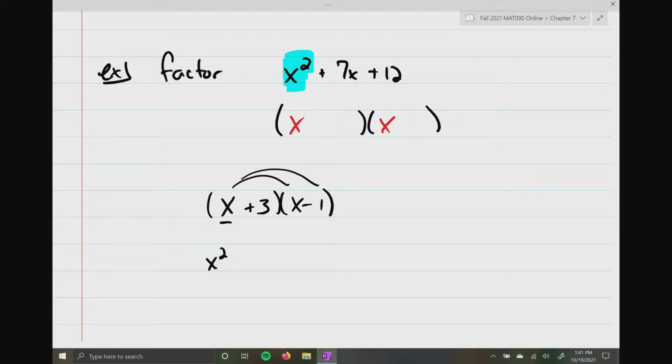Now, this is just me. You're not going to see this in any book. But I always copy down the first sign, no matter what it is.